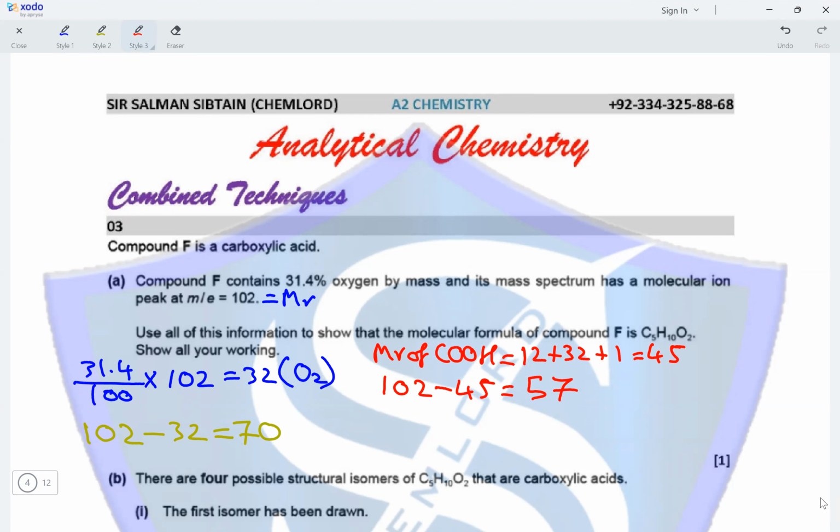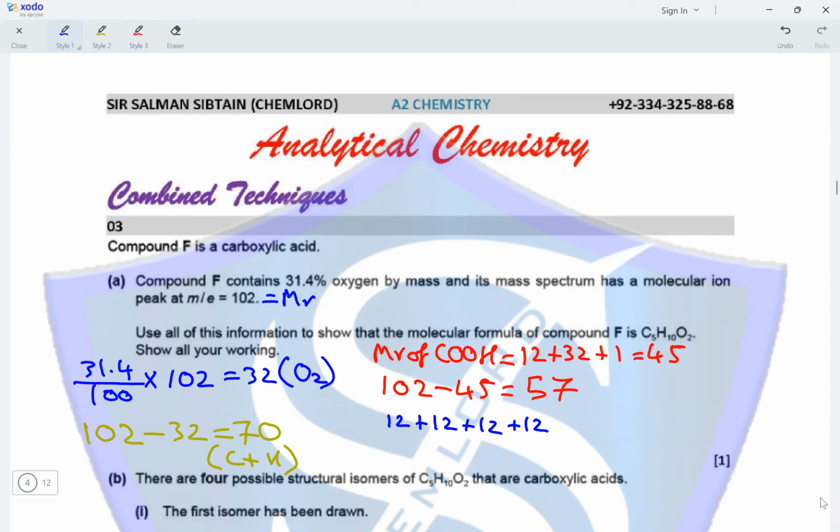So the mass of carbon plus hydrogen should be equal to 70, and the mass of the compound without the COOH group should be 57. If we have 12 for one carbon, 12 makes it 24, 12 makes it 36, and 12 makes it 48, and another 12 would make it 60.